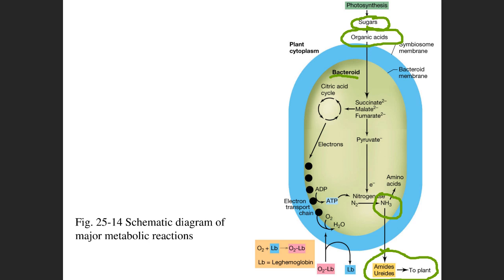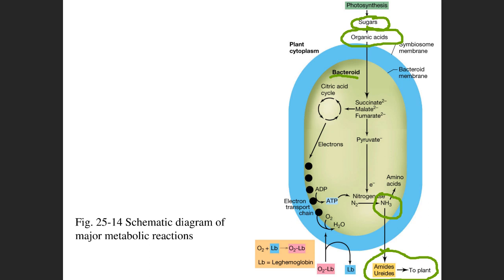It creates the gradient, and then it generates ATP. The electron is ultimately dumped onto oxygen. In the process it generates ATP, and the ATP is then used by the nitrogenase to turn atmospheric nitrogen into ammonia.